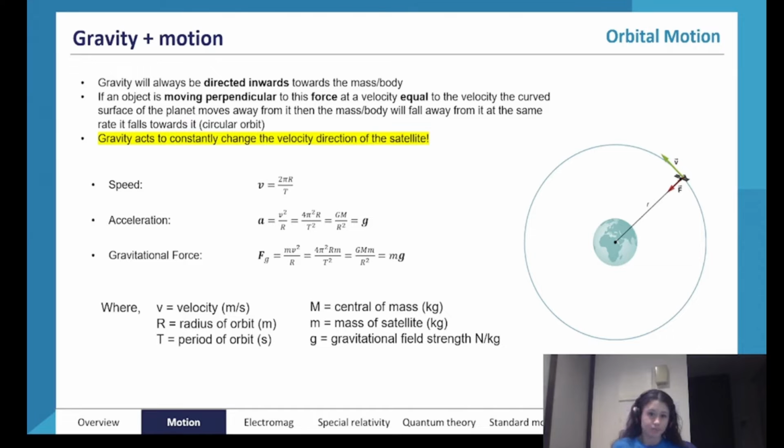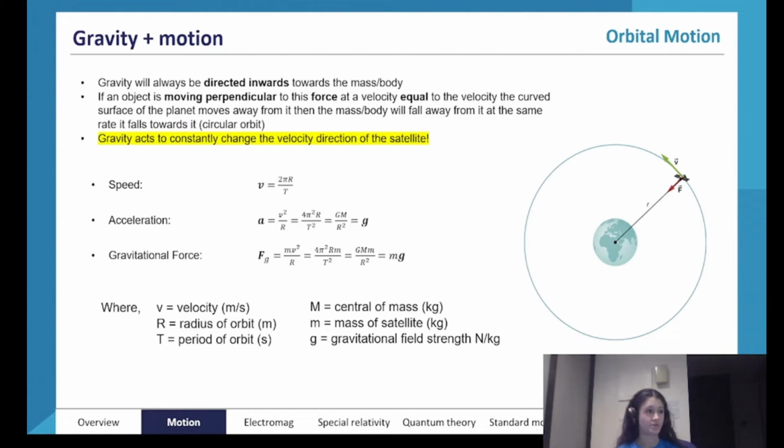So as we can see here, when we're talking about orbits, gravity is always going to be directed inwards towards the mass body, because remember we are talking about circular motion in a sense, or the orbital motion.